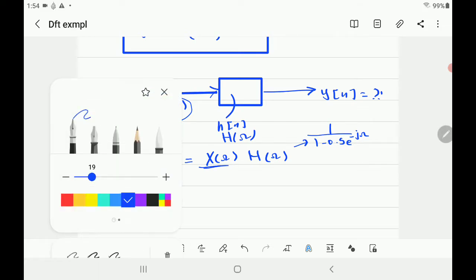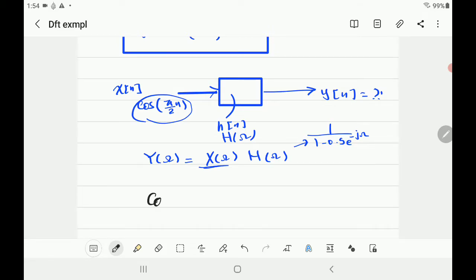We look at the table and found that cosine alpha n, using Fourier transform, will be equal to pi delta omega minus alpha plus delta omega plus alpha. In this input, alpha is equal to pi over 2.